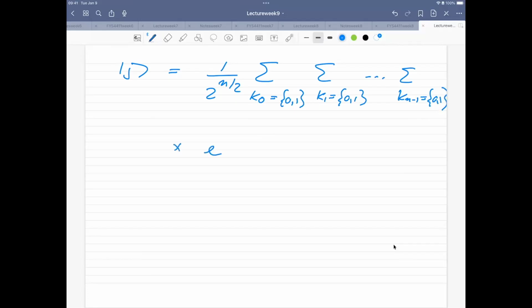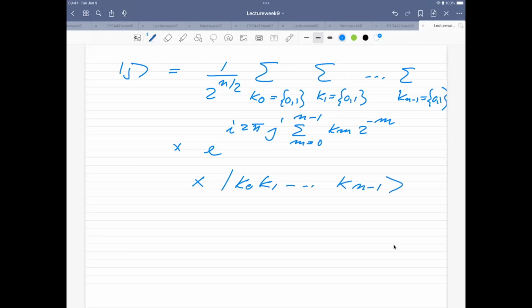These are the values which it can take, multiplied with e^(i 2 pi J times the sum over m equals 0 to n-1 of K_m 2^(-m)), and this is multiplied with the states K_0, K_1 up to K_(n-1). I can rewrite this in a more compact way as follows.